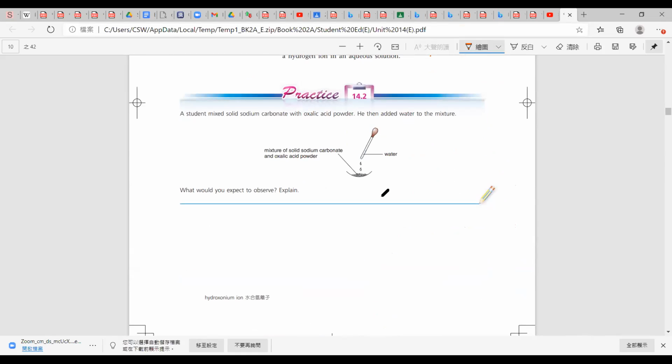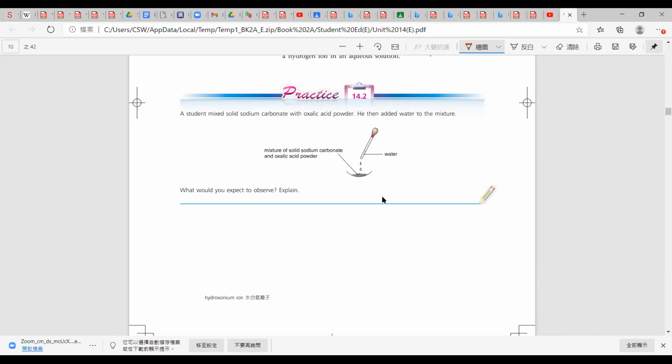So we come to class practice 14.2. A student mixed solid sodium carbonate with oxalic acid powder. He then added water to the mixture. What do you expect to observe? Explain. Now this time I add water.